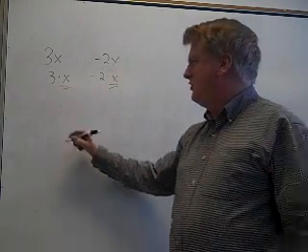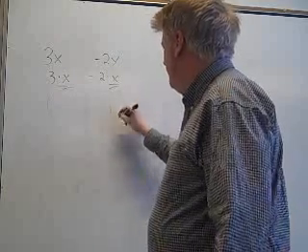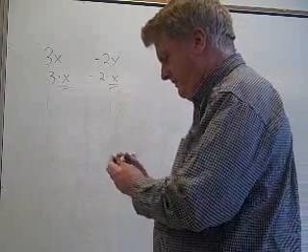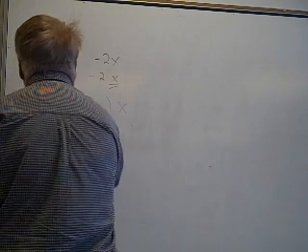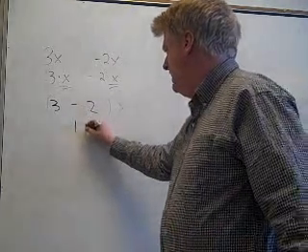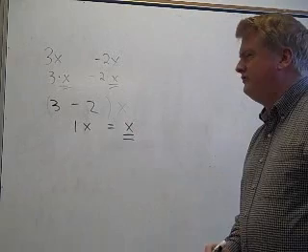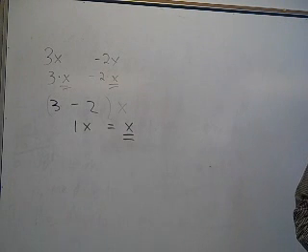According to the distributive property, I can pull x out and multiply it by this sum, 3 minus 2. That leaves me with 1x, and 1x is just equal to x.